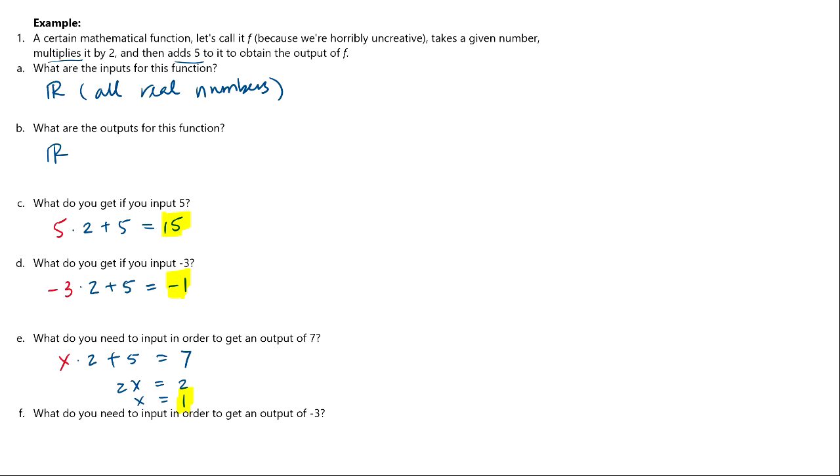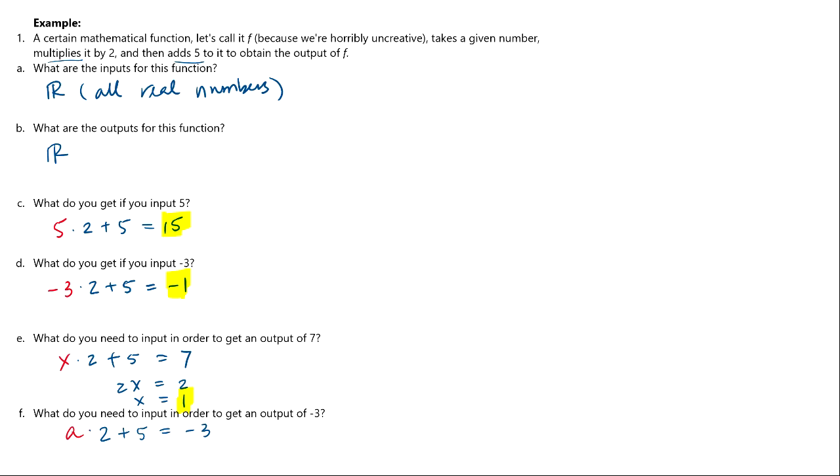And similarly, if we want the output to be -3, we're also thinking about a different input. Instead of x, you can really call it anything, let's call it a, for example. We would want to multiply a by 2 and add 5 in order to get the number -3.